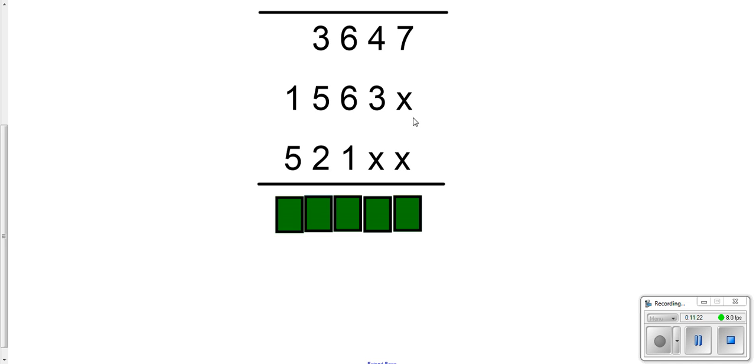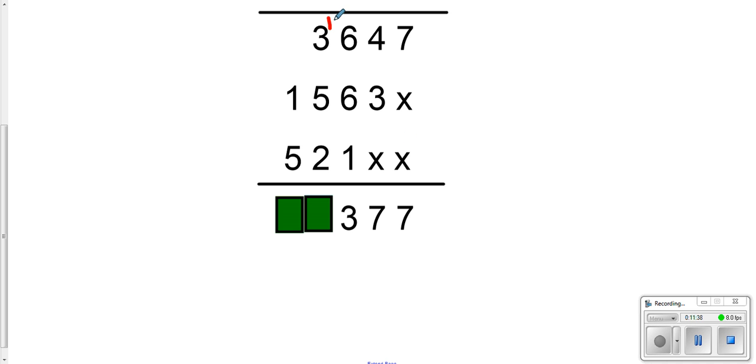Now we're just adding everything up. 7 plus nothing, 7. 4 plus 3 plus nothing is 7. 6 plus 6 is 12, plus another 1 is 13. We do need to carry that 1.